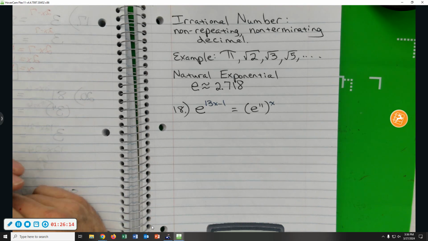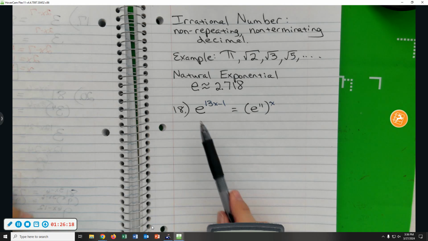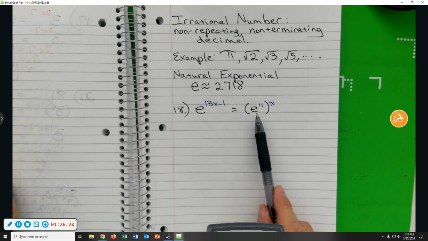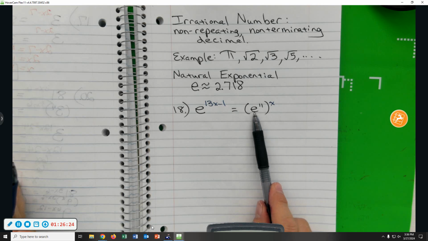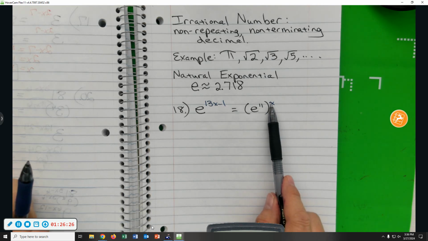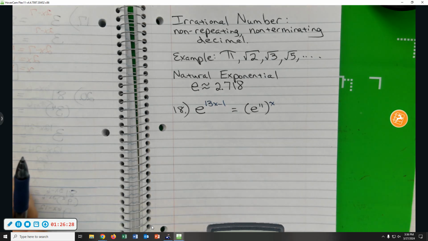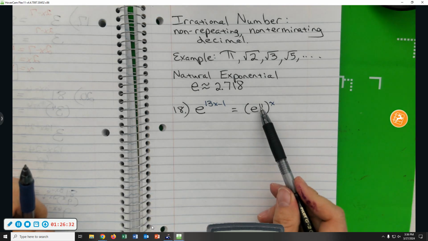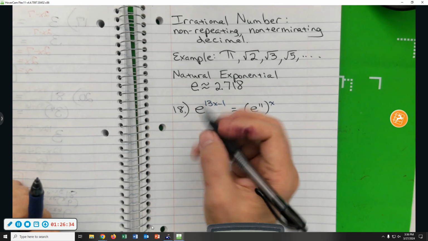What do y'all think I'm going to use as a common base? If I have an e on one side and I'm going to use a common base, I better have an e on the other side, and I do. Well, we have a power raised to a power. We know what to do there. What do we do when we have a power raised to a power?